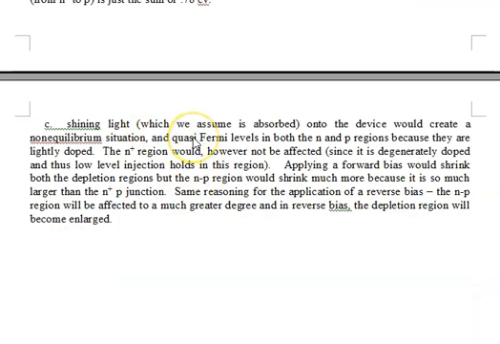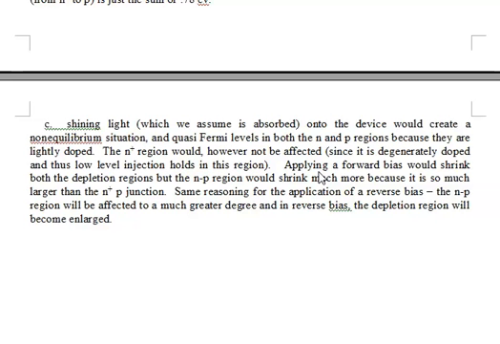So if you shine light on it, light would be presumably absorbed. We have a non-equilibrium situation, quasi-Fermi levels on both the N and P side, but because the N plus side is so heavily doped, it would not be affected at all, and the only effect would be on the lightly doped N and P regions. And the same applies for applying a forward bias.